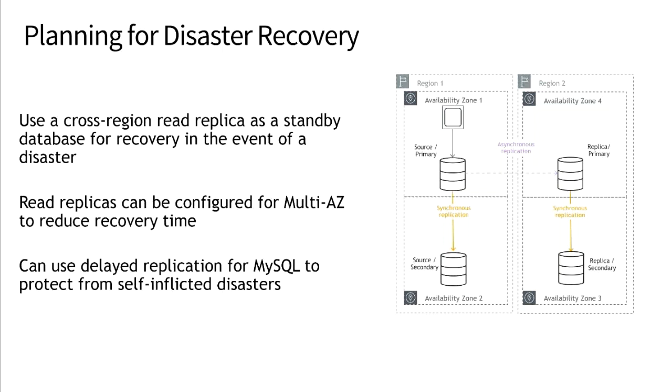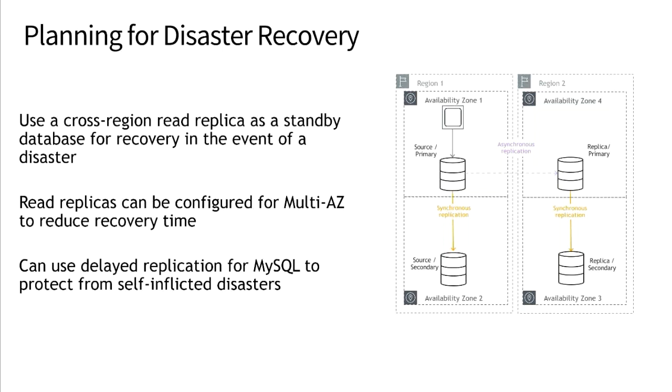So if you're in a multi-AZ configuration, which we're describing here, then you also get the benefits that we talked about earlier. So you can see in this diagram that we're replicating both within an availability zone, which gives us high availability and quick failover, plus we're replicating to the second region, which gives us very easy recovery from a disaster.